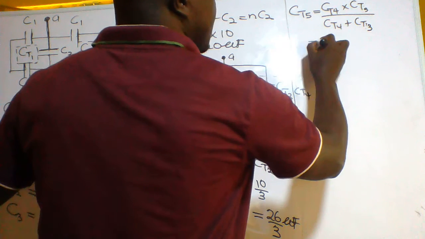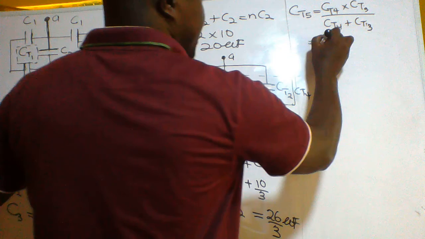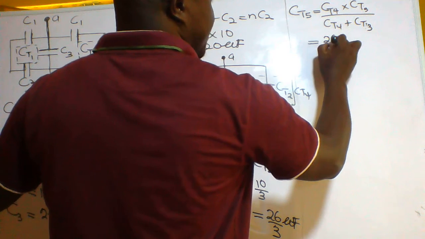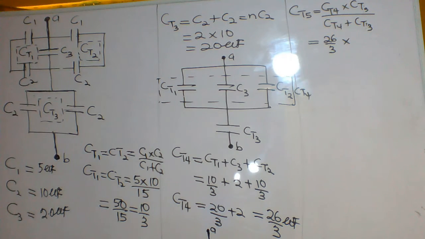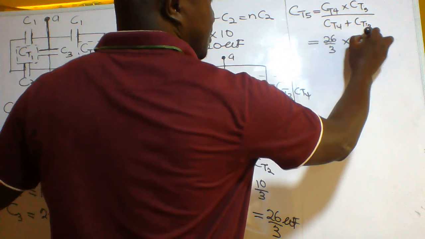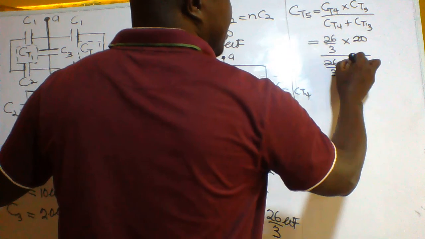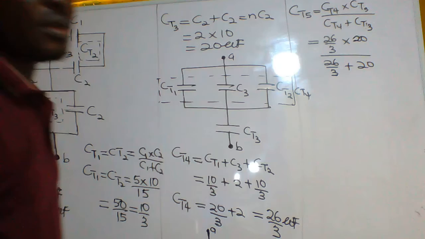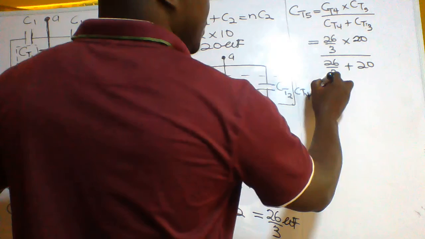And what is CT4? CT4 is 26 on 3. So 26 on 3 times CT3, which is 20, all divided by 26 on 3 plus 20.